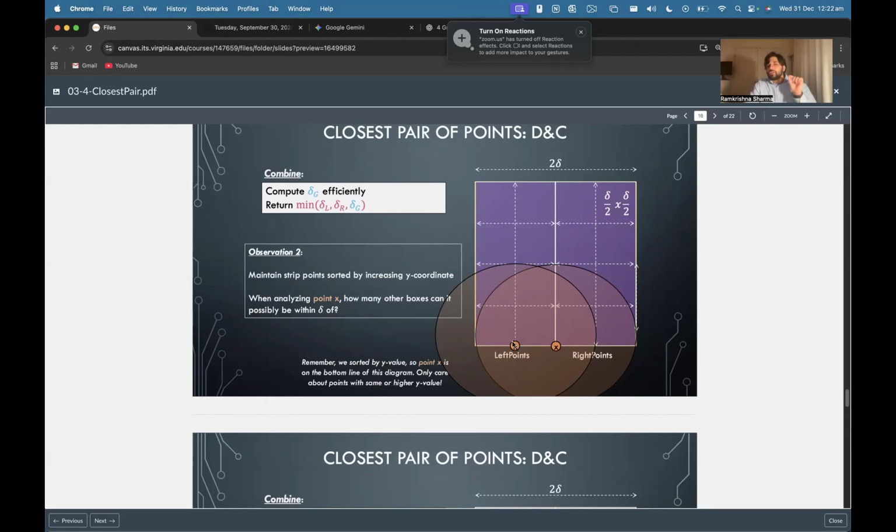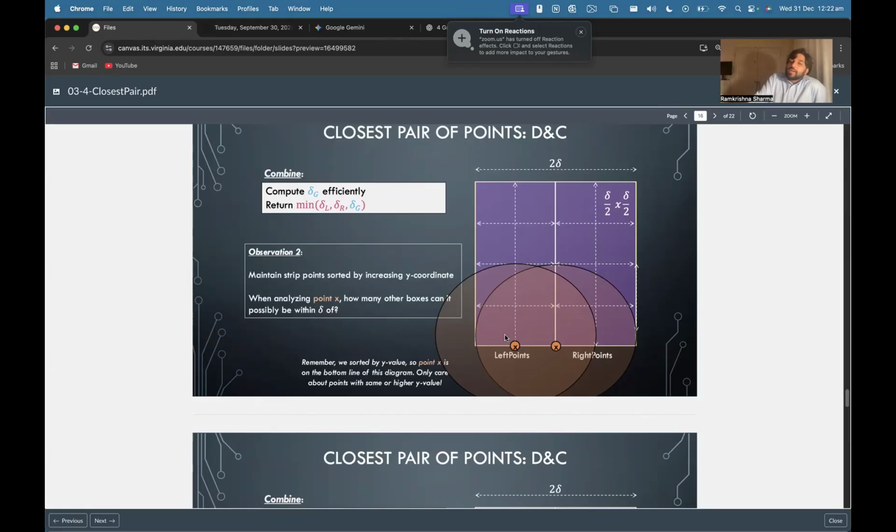And so if you're looking at 1 point and you want to compare it to other points to find the closest pair, you would only have to compare it to the seven highest points, right? To the 7 points above it.